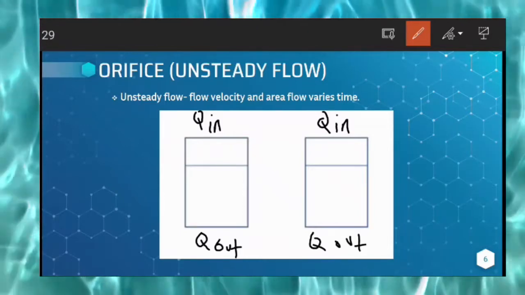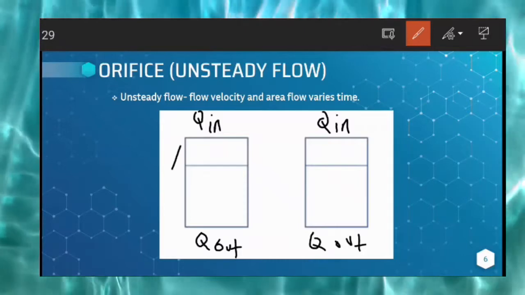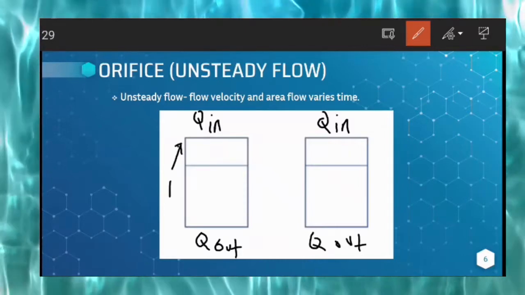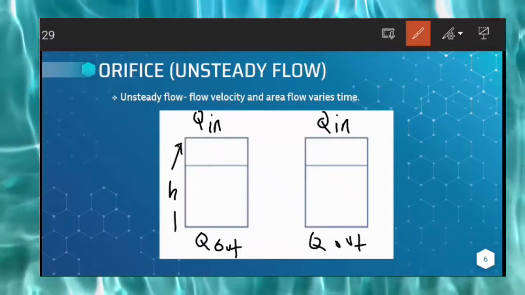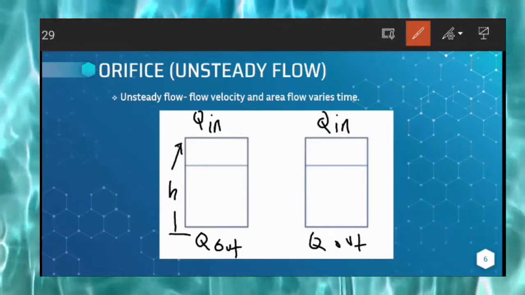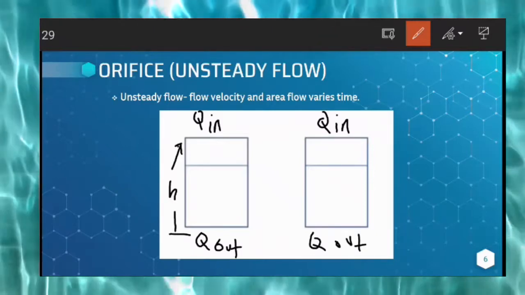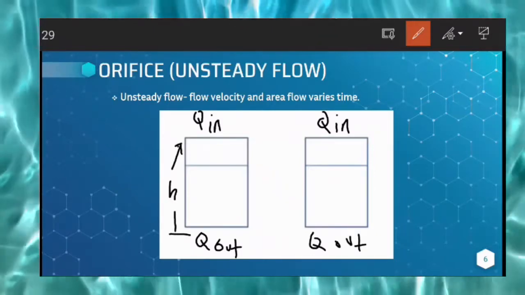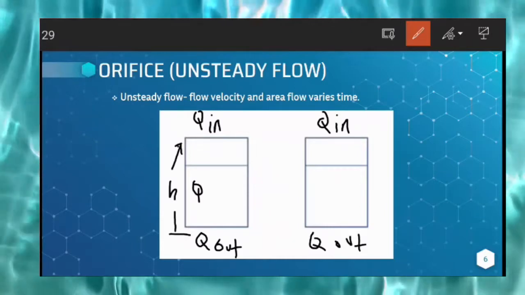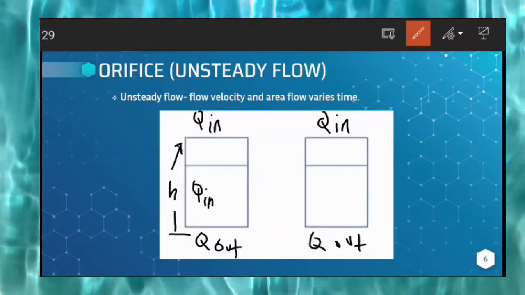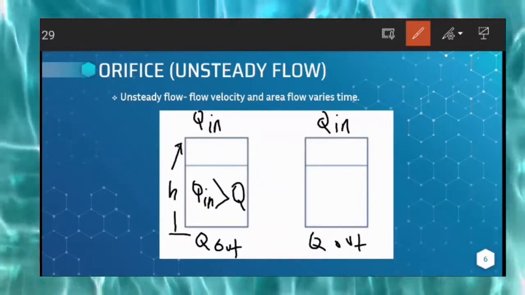So assuming that the height of the liquid is increasing, when will this happen? The height of the liquid will rise if and only if Q in is greater than Q out.